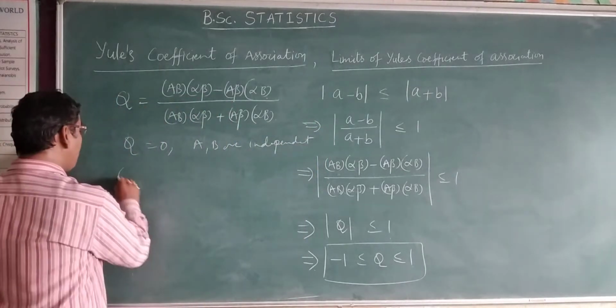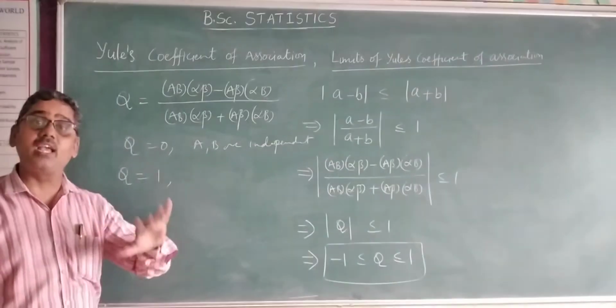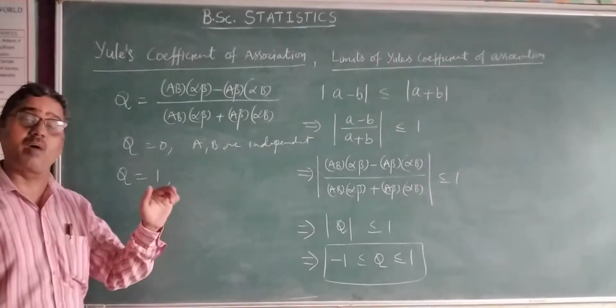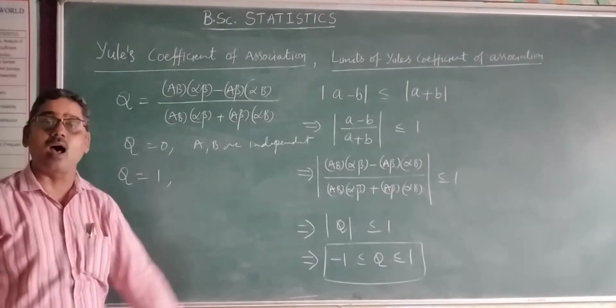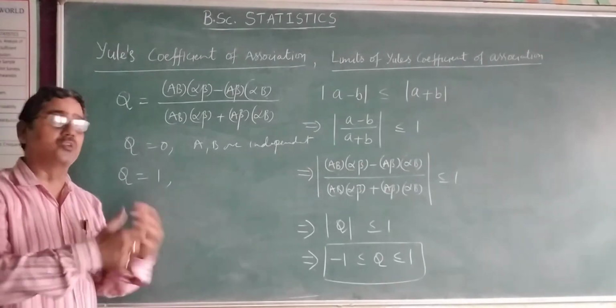If Q is equal to plus 1, then the attributes are positively associated. Perfect positive association between the attributes A and B. It is also called completely associated.